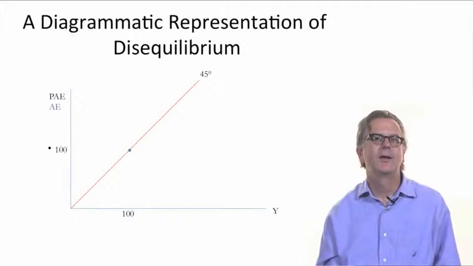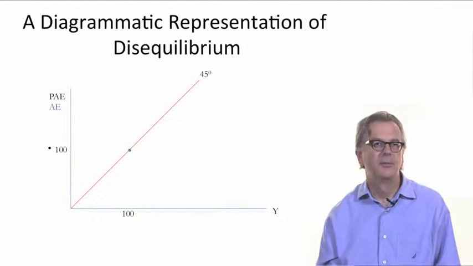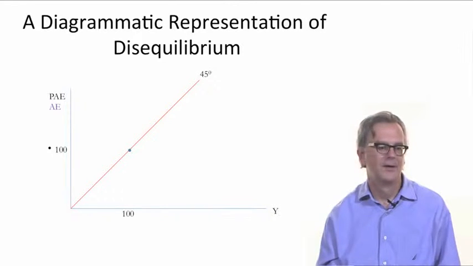Let me now show you how this analysis can be used to illustrate not equilibrium, but disequilibrium. To do that, I need to add a second element to the vertical axis, aggregate expenditure. So on the vertical axis, I'm going to measure both planned aggregate expenditure and aggregate expenditure itself. Remember, that refers to what actually happens.